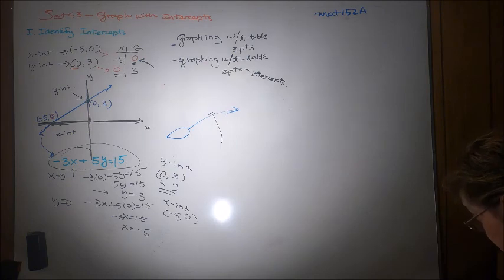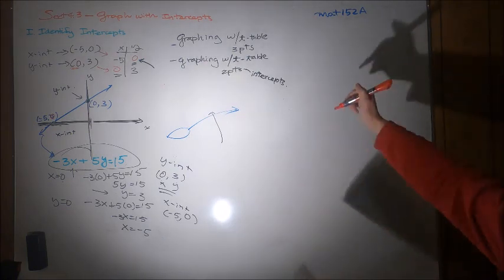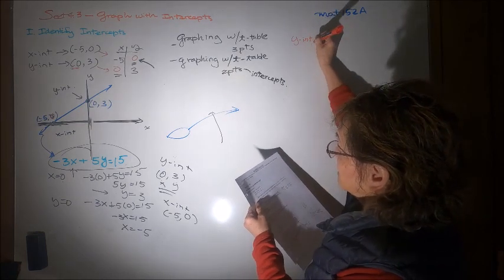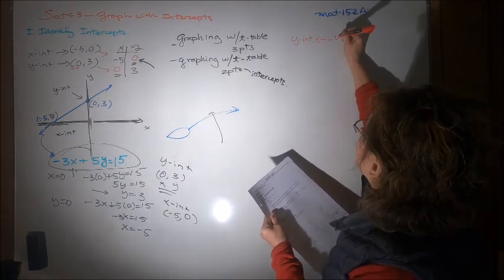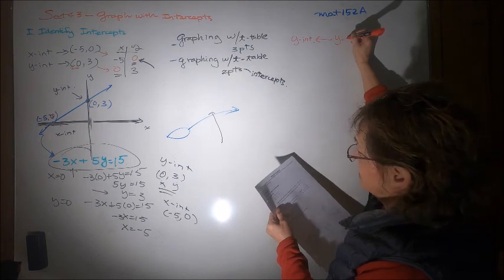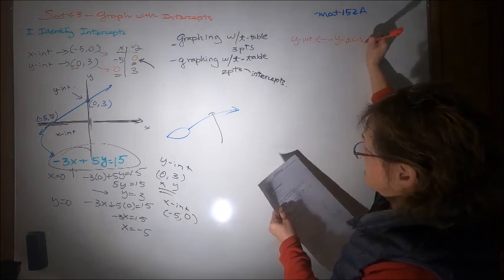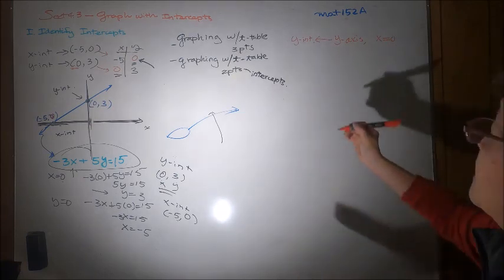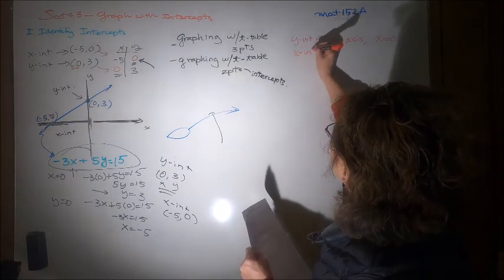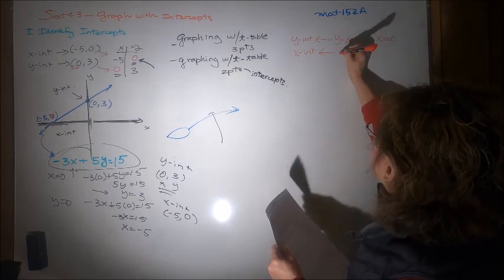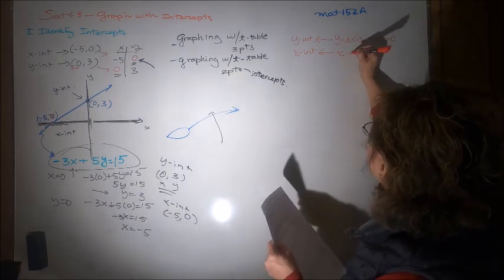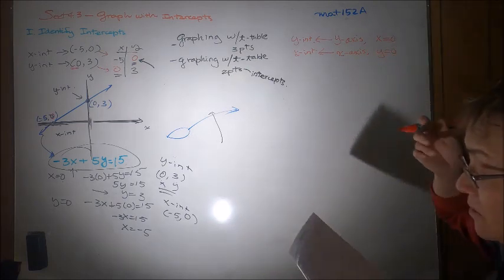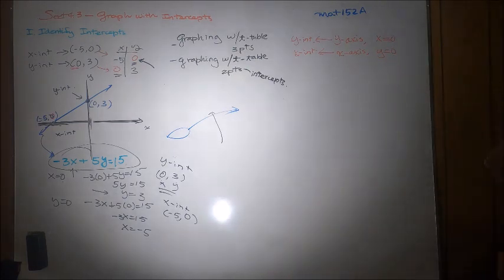So we say to find the y-intercept, which is the point intercepted by the y-axis, we will set x to 0, right? For the x-intercept, it's the opposite. It is intercepted by the x-axis, but we will set the opposite, y equals 0.